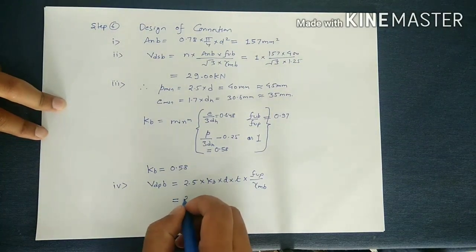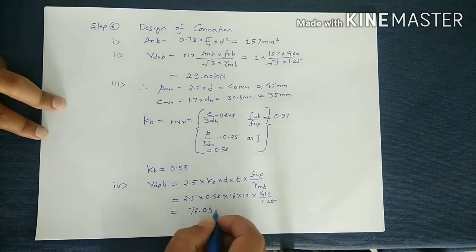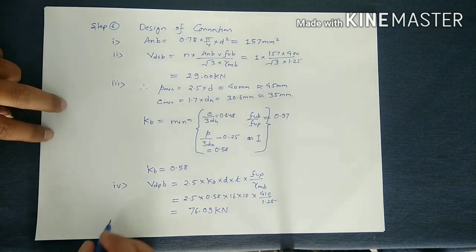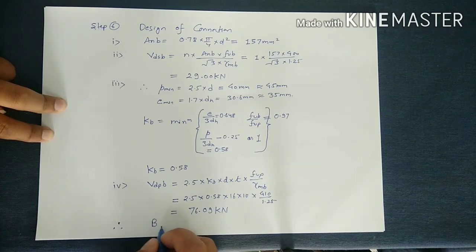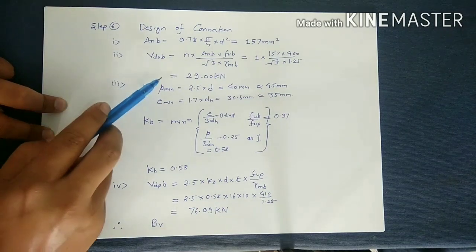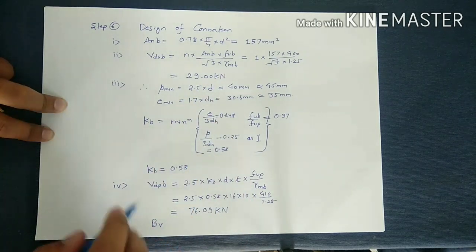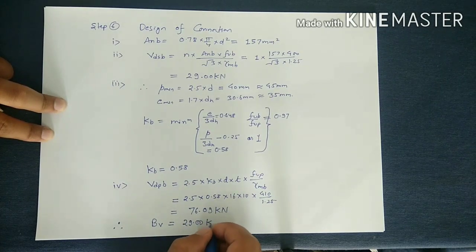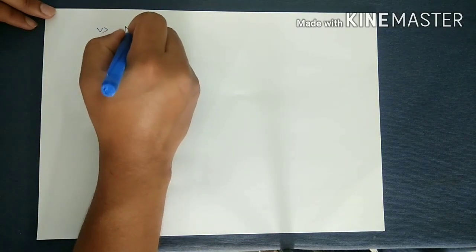So putting these values we get 76.09 kilonewton. Therefore, the bolt value will be the minimum of these values, that is 29 kilonewton and 76.09 kilonewton. So the lesser value is 29, therefore the bolt value will be 29.00 kilonewton.